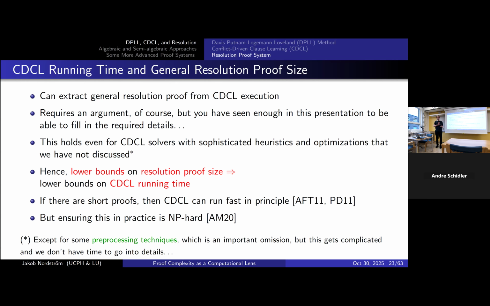Modern SAT solvers, before they even start this conflict-driven search and clause learning, will apply all kinds of crazy pre-processing techniques to try to simplify the formula. Not all of those are captured by resolution. However, we'll soon discuss some theoretical formulas that are hard for resolution.